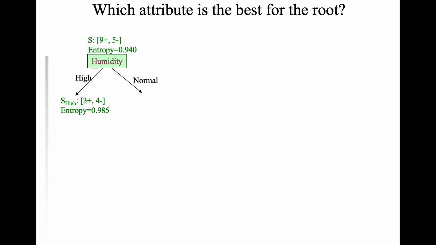So let's see which days humidity is high in total. I'm not going back to that table, just check it in your slide. In that slide, 7 days humidity is high.